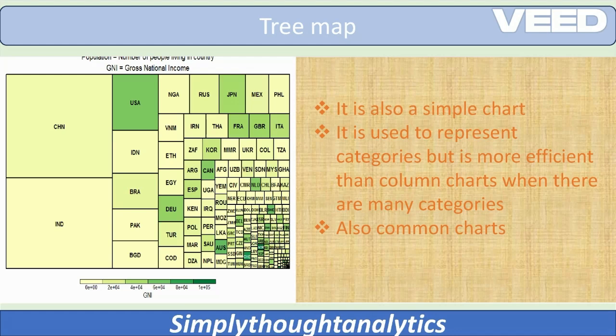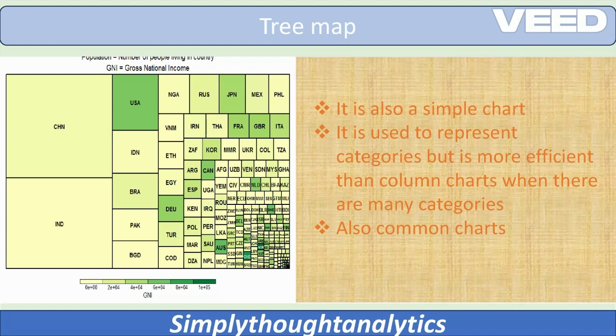So this is usually used when you just want to have an idea of the best performing features or the best performing categories in your dataset. You don't want to look at the individual category, rather you want to look at those that are doing well compared to others.